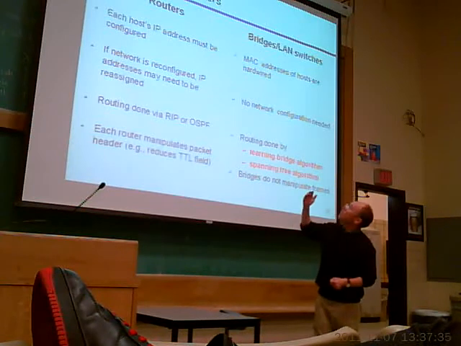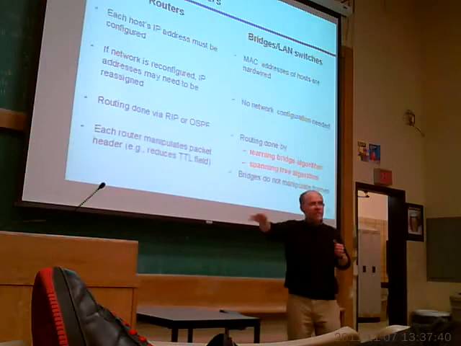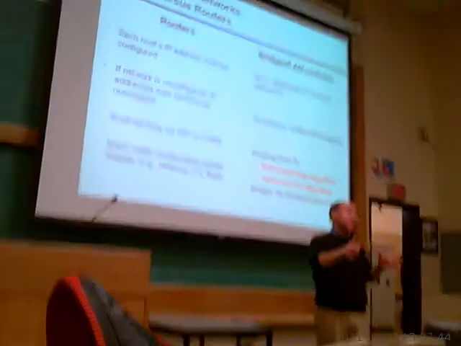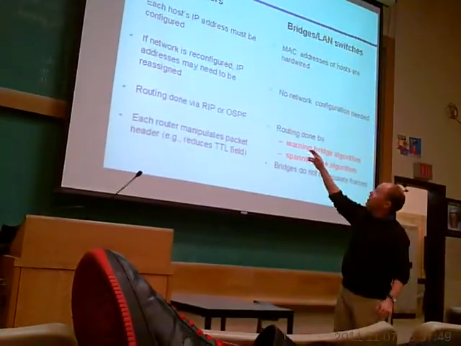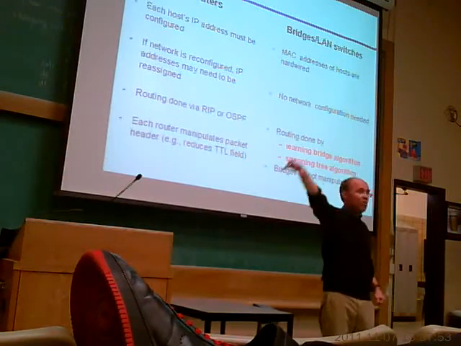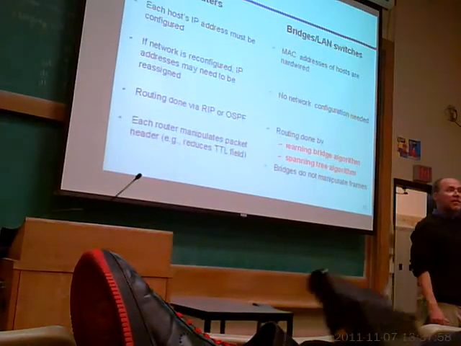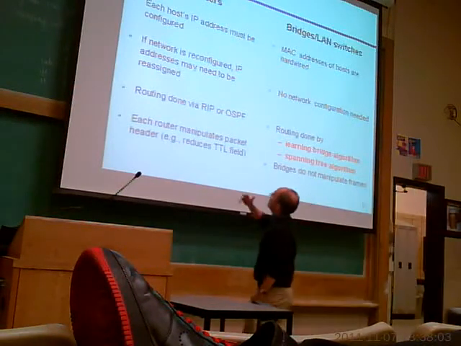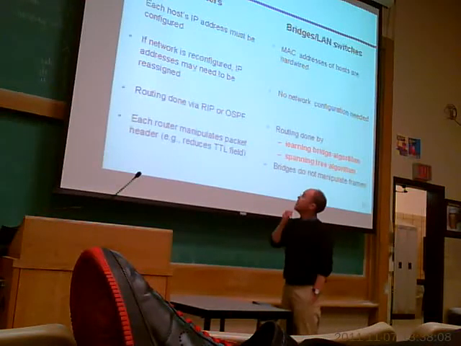So for routers, you put an interface. You need to configure the interface. The interface needs to be configured consistently with the subnet maps. If the network is rearranged and I move a device from over here to over there, I take this computer and move it, I have to reconfigure, in all likelihood, the IP address. Then the routing, by RIP or OSPF, has to be configured.